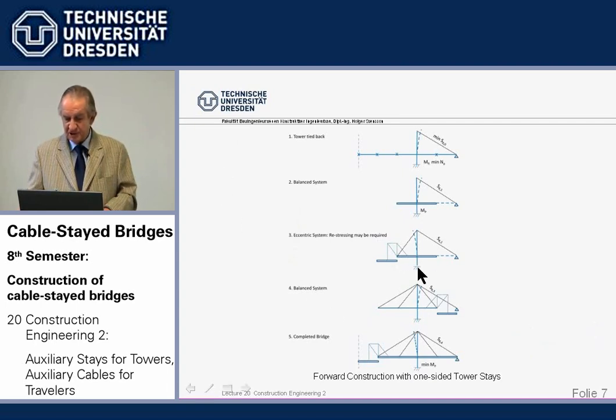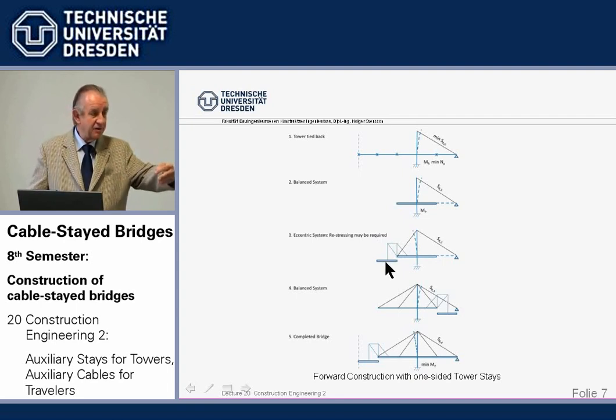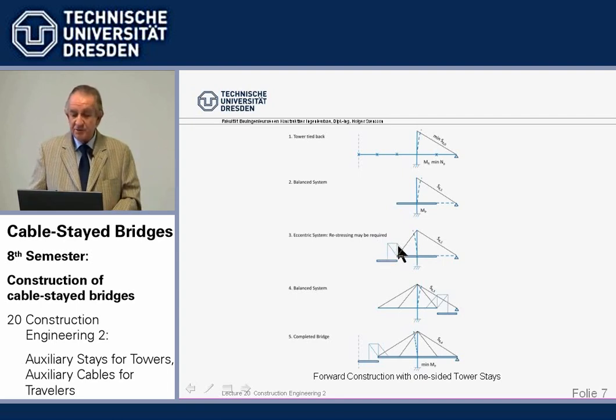I just show this picture, and there we said, okay, what we do is we either have a balanced system, left and right, or if we have it unbalanced, it's always unbalanced to the main side, to the river side, which means we do not have the situation that we have unbalance here and need staying to here.